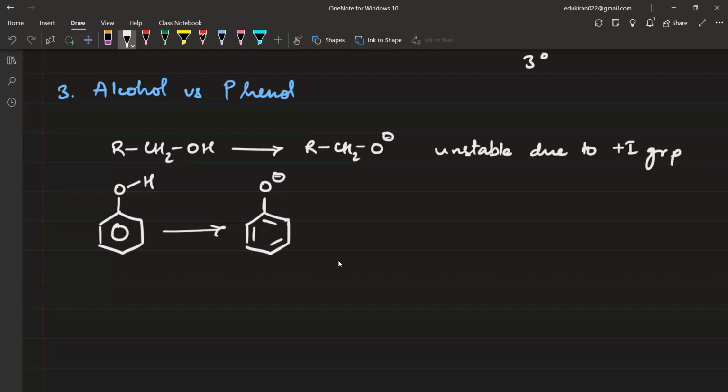O negative. Now, this phenoxide ion here, it is resonance stabilized. Negative charge will come here. This bond will move here. Then the negative charge will come here, and then it will move here, move here. So the negative charge will be moving on, and that is why this is stable due to resonance.